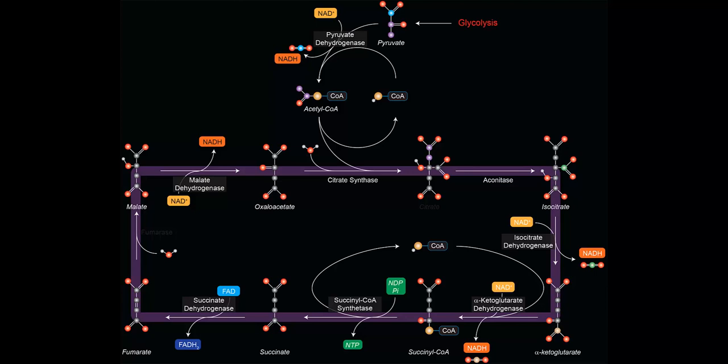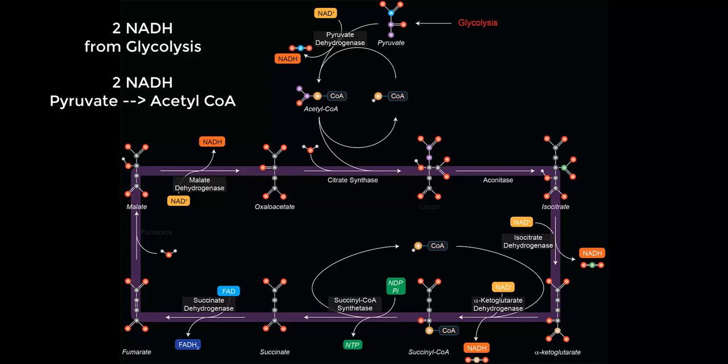We start with glucose, and during glycolysis, we generate 2 NADH. We also generate 2 pyruvates, which each get converted to acetyl-CoA, giving us another 2 equivalents of NADH. And then the acetyl-CoAs each enter into the TCA cycle.